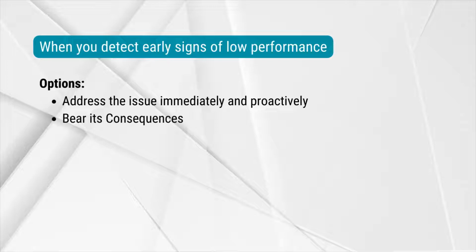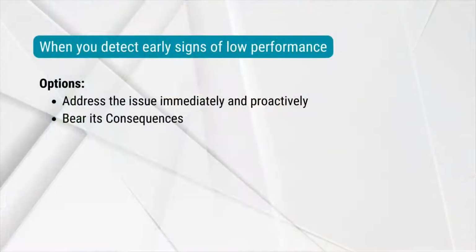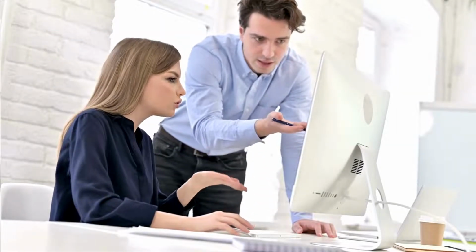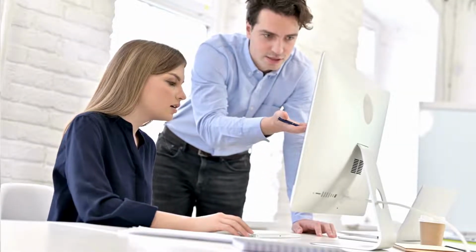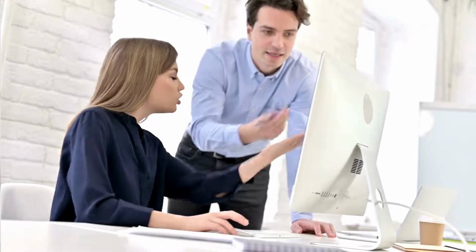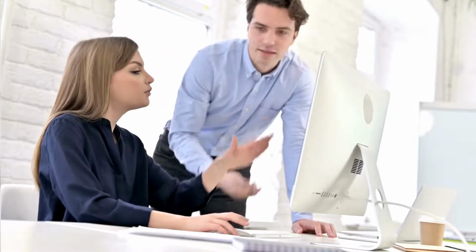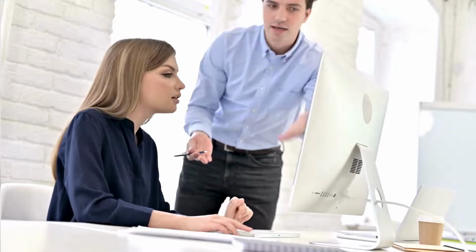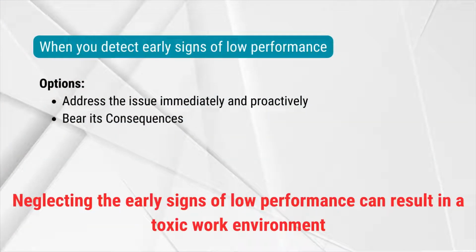So, once again, you can either proactively address the issue through various means like coaching or reassignment or even escalation of the issue if it is repeated, or you can bear the consequences, which could range from missed deadlines to disciplinary actions against the team. In essence, ignoring the issue is not an option. It's a choice with its own set of consequences.